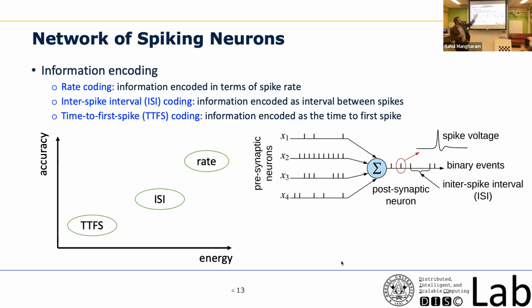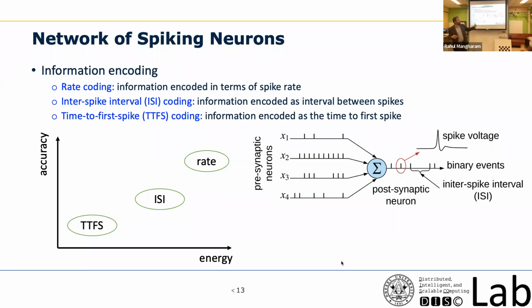Of course, as I said, rate coding has the highest accuracy because it is almost equivalent to an analog neural network, except that instead of the analog value, you have a rate. Time to first spike, where only one spike is generated, will have the minimum energy, but accuracy is much lower than rate.